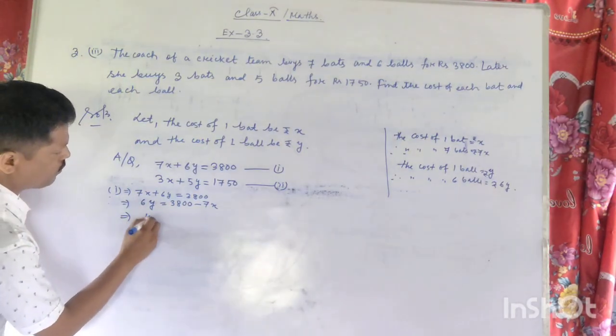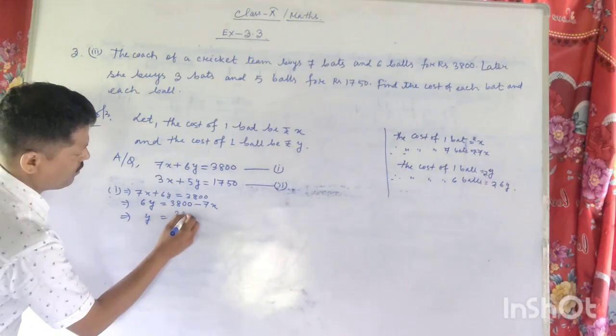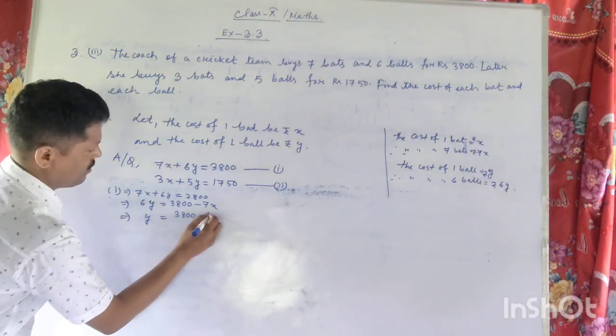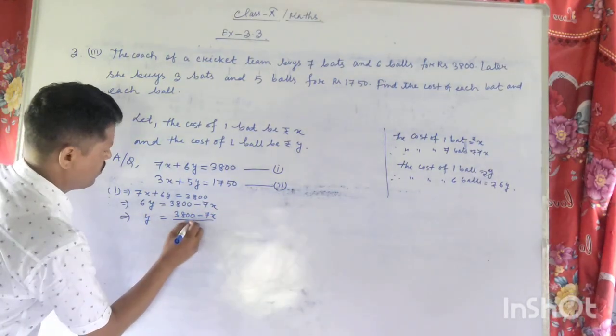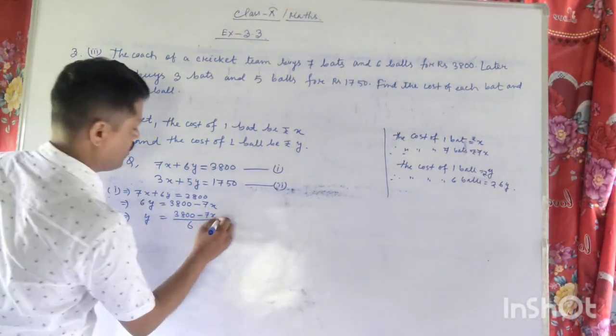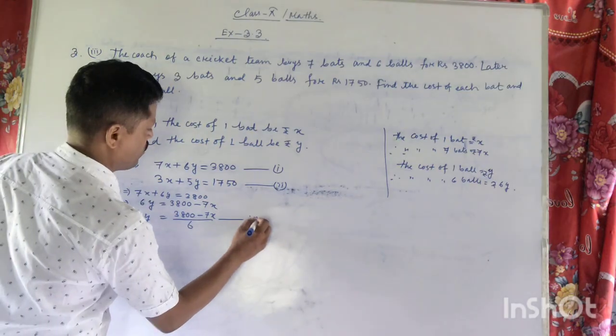Now y is equal to (3800 minus 7x) by 6. We call this equation number 3.